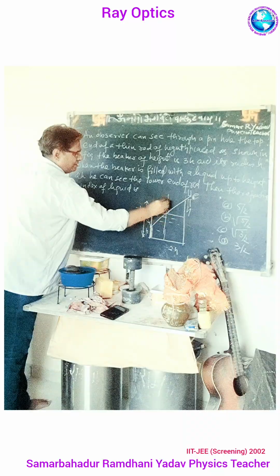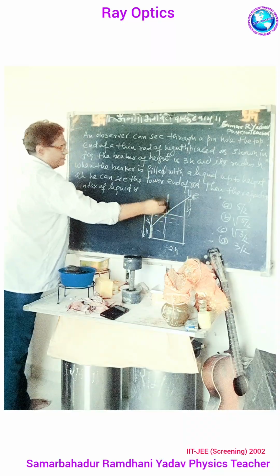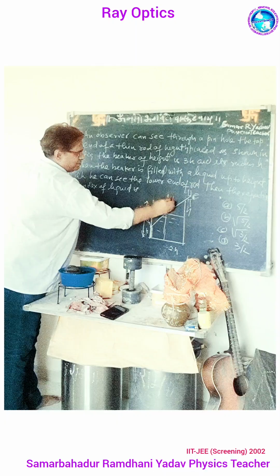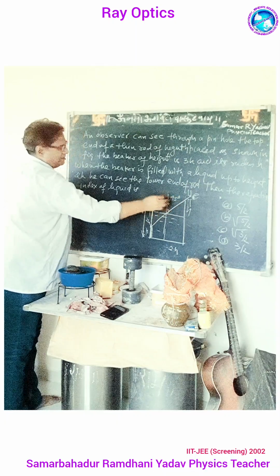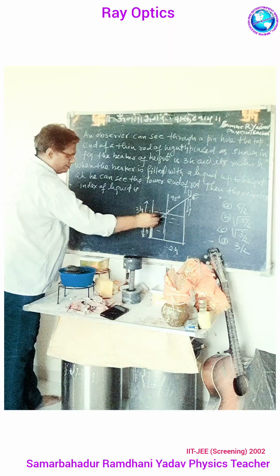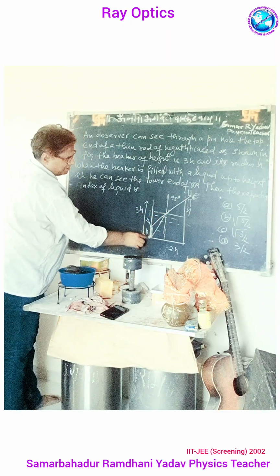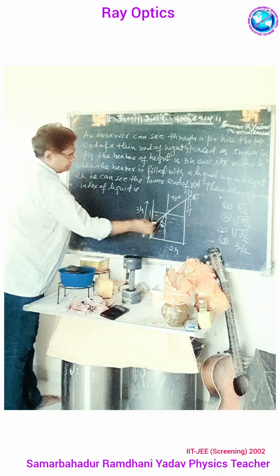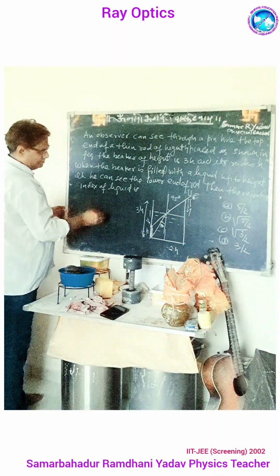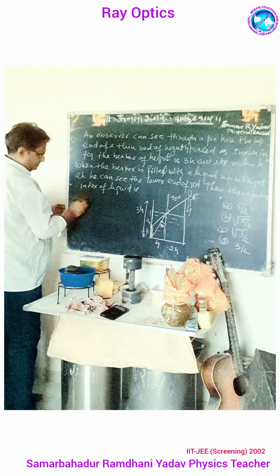Now this angle is the normal angle made by the line of sight of the observer, that is 45 degrees. Because the line of sight of the observer is constant, he sees the bottom of the rod, making angle theta. This is h.